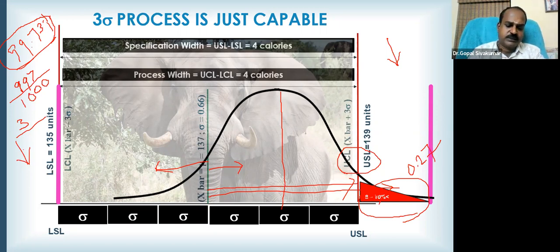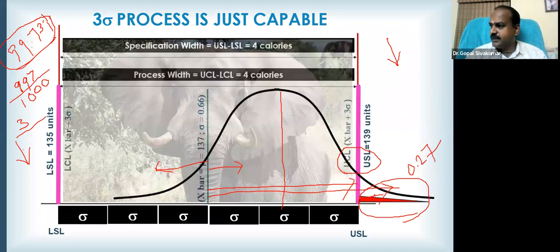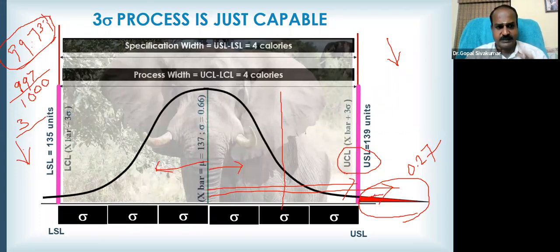And now coming to the statistical part of it. This process is called just capable. Why is it called just capable? See here, the control limit and the specification.